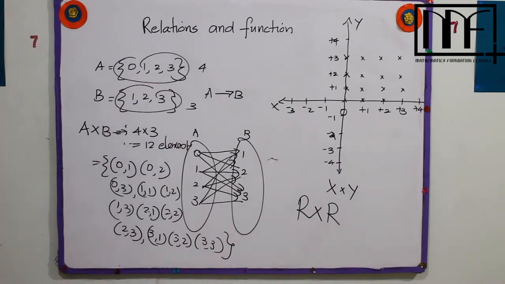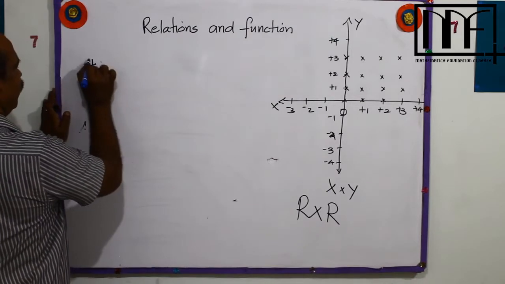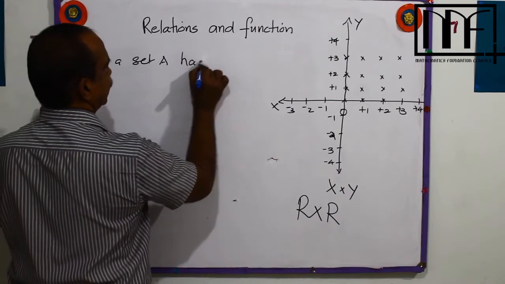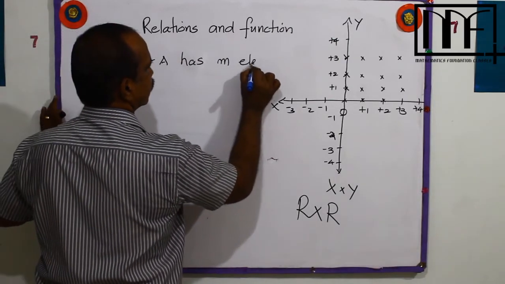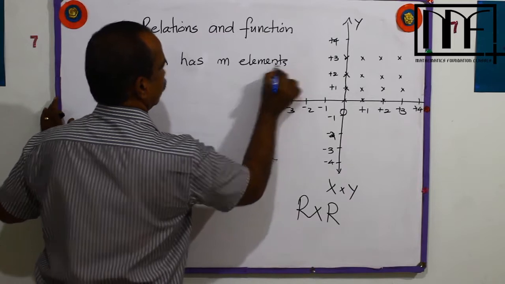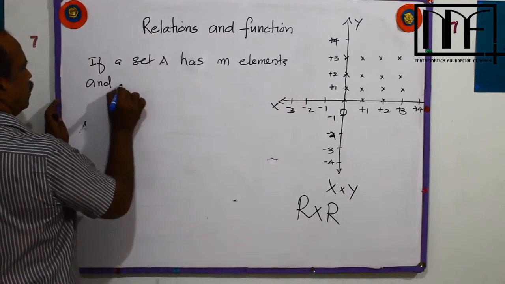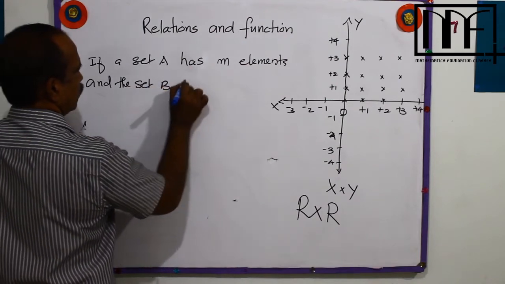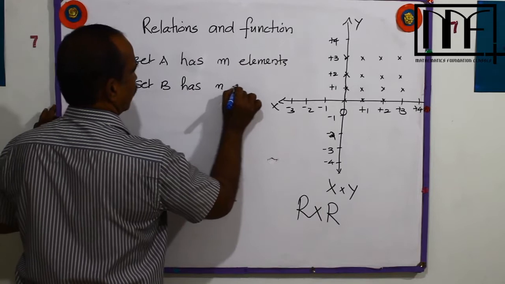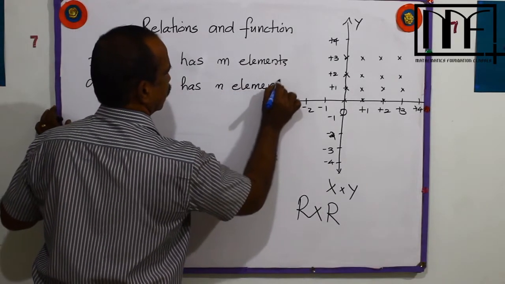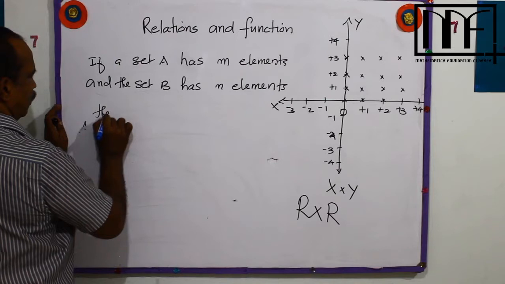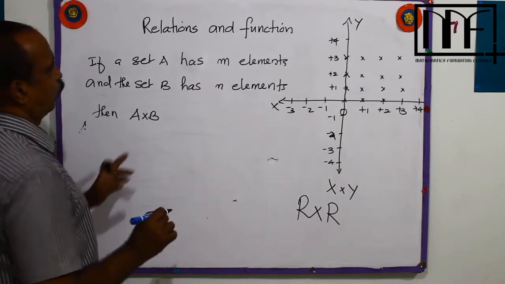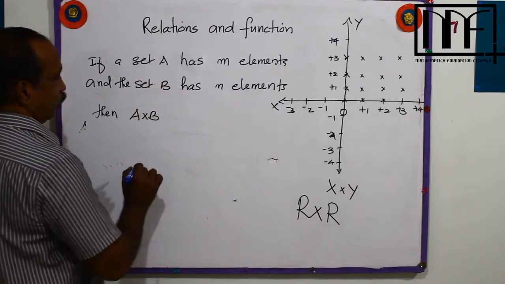Therefore, if a set A has m elements and the set B has n elements, then A cross B, the cross product of sets A and B, consists of ordered pairs.